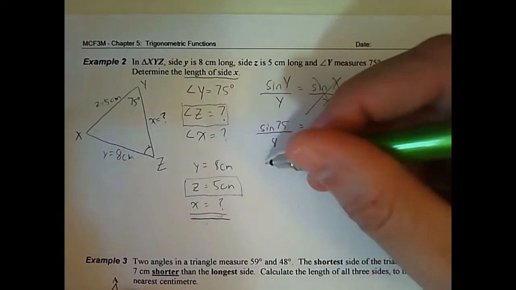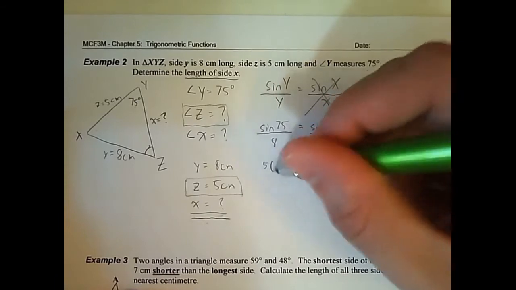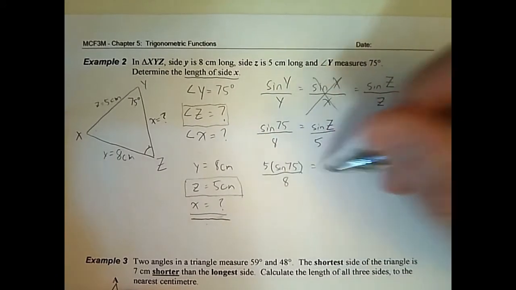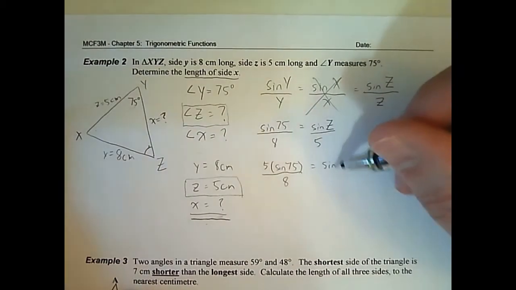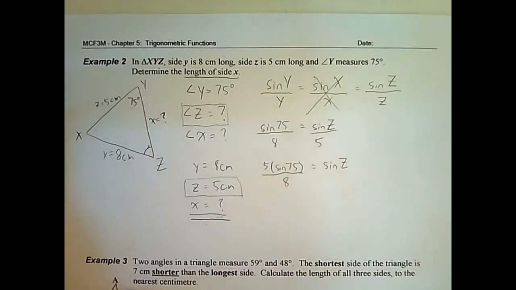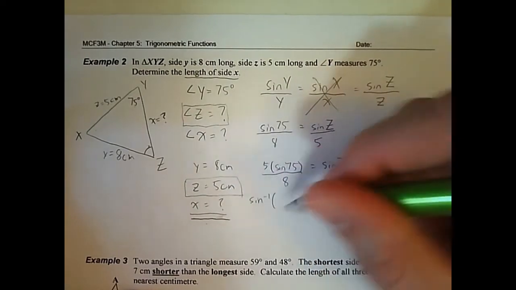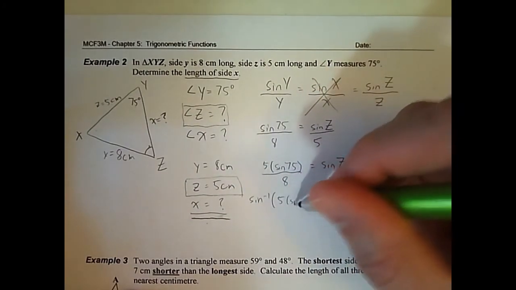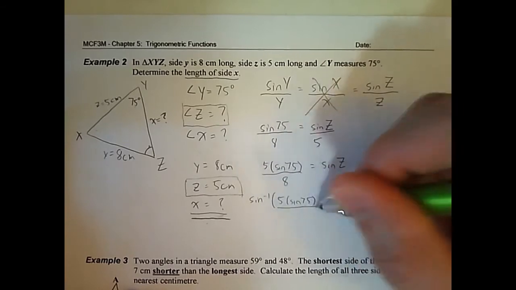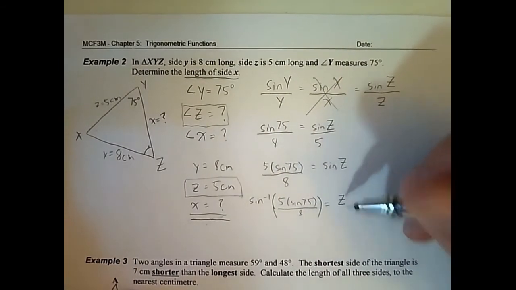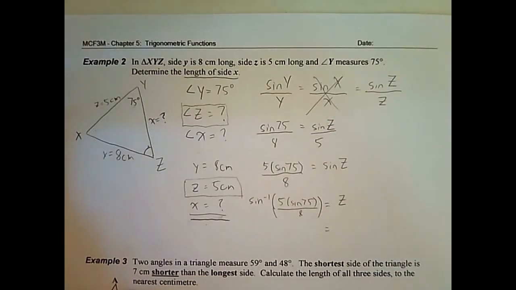I'm going to multiply both sides by 5. 8 is equal to sine z. And then I'm just going to do the sine inverse of this: 5 times sine 75 over 8. Again, you can just use a decimal to 4 decimal places, and that should be exact enough.